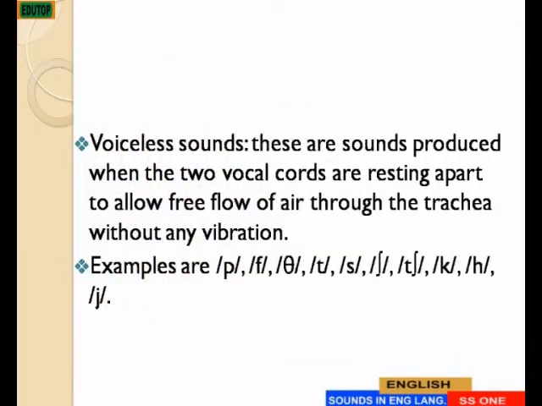The voiceless sounds. The voiceless sounds are produced when the two vocal cords are resting apart, allowing free flow of air through the trachea without any vibration. So they are opposite. The voiced sound involves the vocal cords coming tightly close together, while the voiceless sound has to do with the vocal cords resting apart.